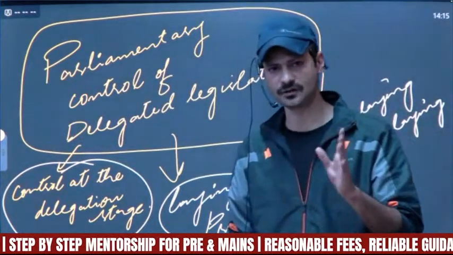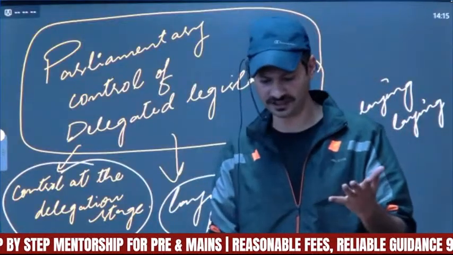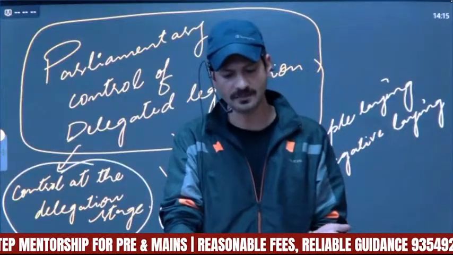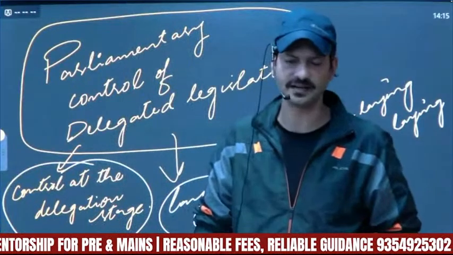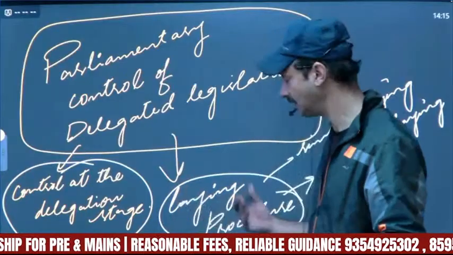Under this procedure of negative laying, rules become effective immediately, but they can be annulled if Parliament passes a resolution against it within a specified period. That's the negative laying.